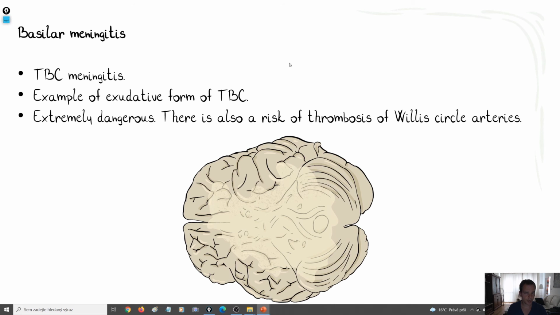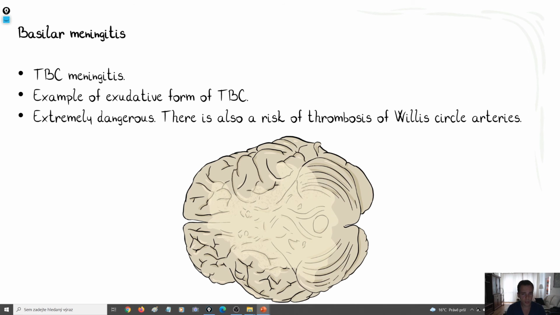And basilar meningitis, it's maybe the most dangerous complication of primary TBC. It's tuberculous meningitis. And basically, from the morphological point of view, it's an example of exudative form of TBC. It's called basilar because it usually affects the basal part of the brain, and it's extremely dangerous. It's a very dangerous complication, and not only because of the infection itself.